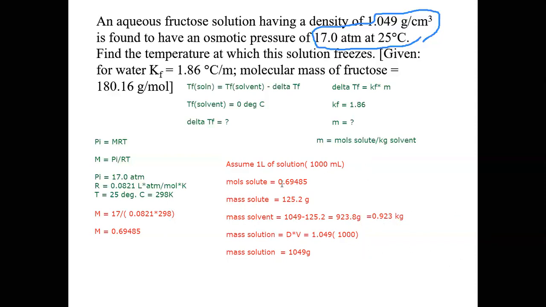So now we have the mass of solvent, we have the moles of solute, we can calculate the molality. So molality is moles divided by kilograms of solvent. So now we have the molality, we can find delta TF.